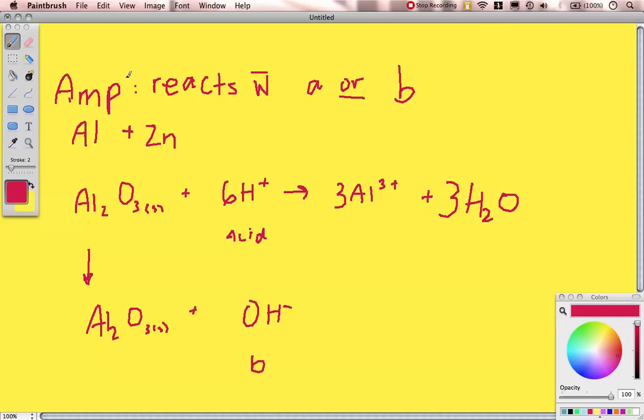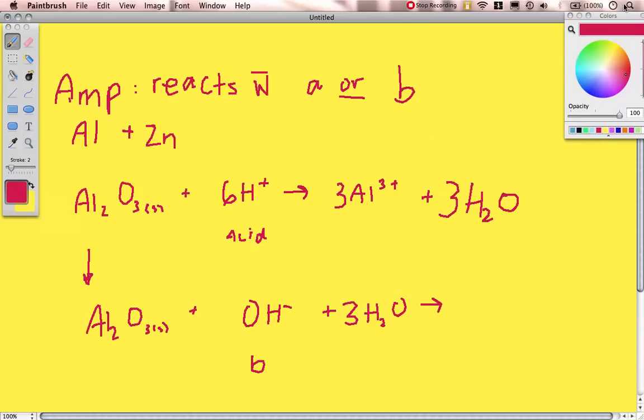And you form, with the addition of a little bit of water, water plays an important part in this reaction, to yield what we know is a complex ion. So we get two aluminiums bonded with 4 hydroxides. And this complex ion, guys, actually carries a -1 charge.